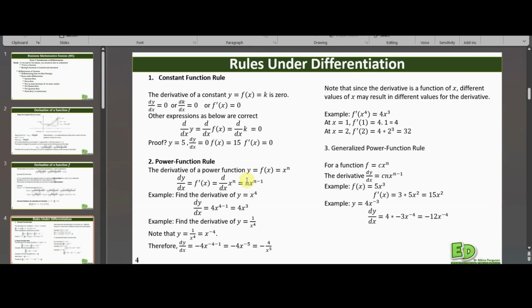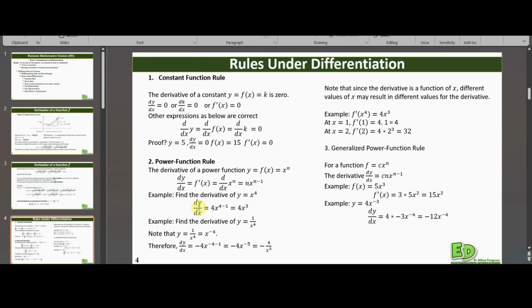So it's simply multiply by the power, that will give you the n, then reduce the power by 1. That is n x raised to the power n minus 1. Multiply by the power, that's the coefficient of 1, by the power n. That will give us the n over here. Then x raised to the same power, minus 1. Okay, that's how we differentiate a power function, right?